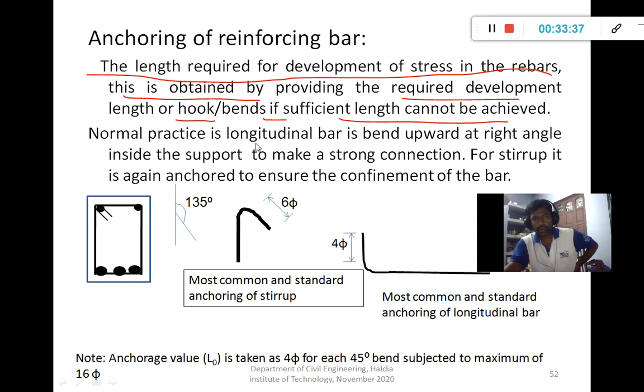It is connected firmly with the support, and the development length is increased as per code.